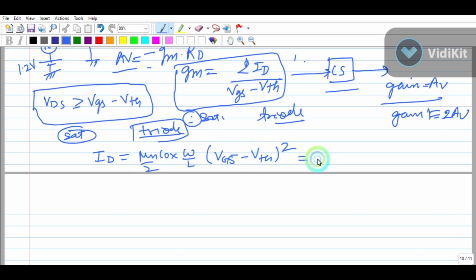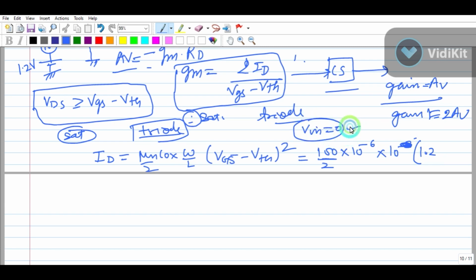Okay, so mu nCox was given as 100 microampere per volt square, and W by L is 10, divided by 2 into VGS. What is VGS? 1.2, right? We are considering first V in equal to 0.